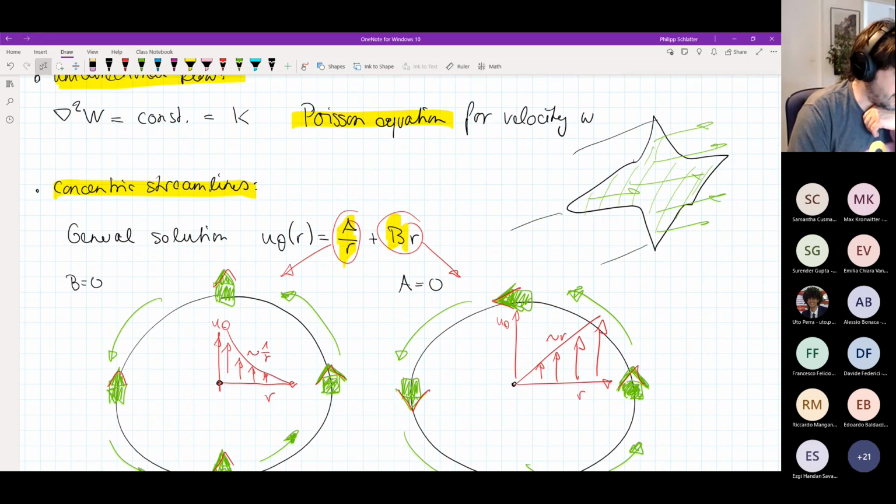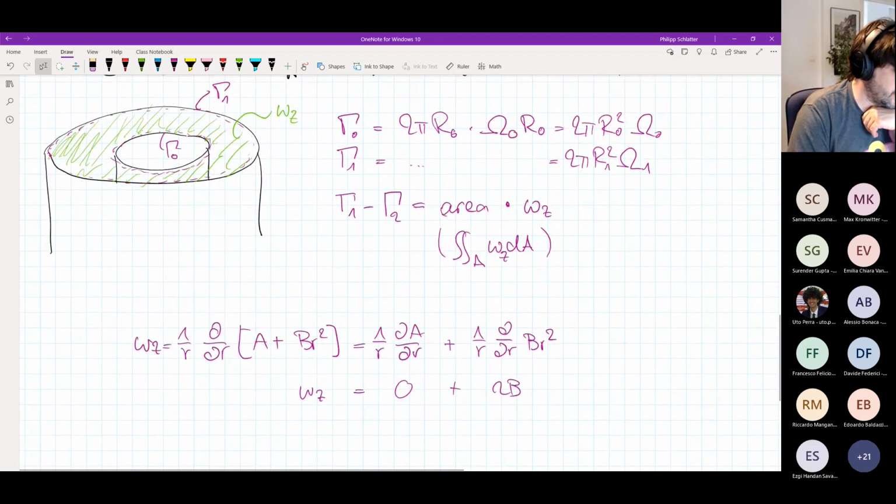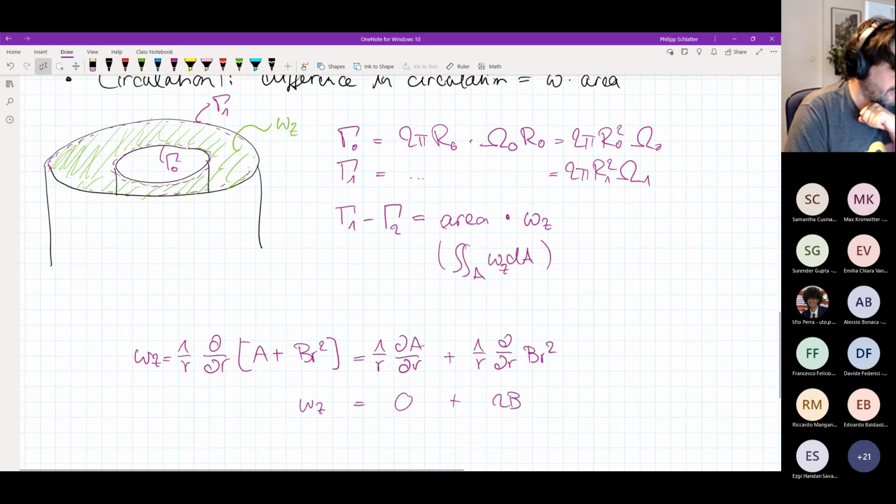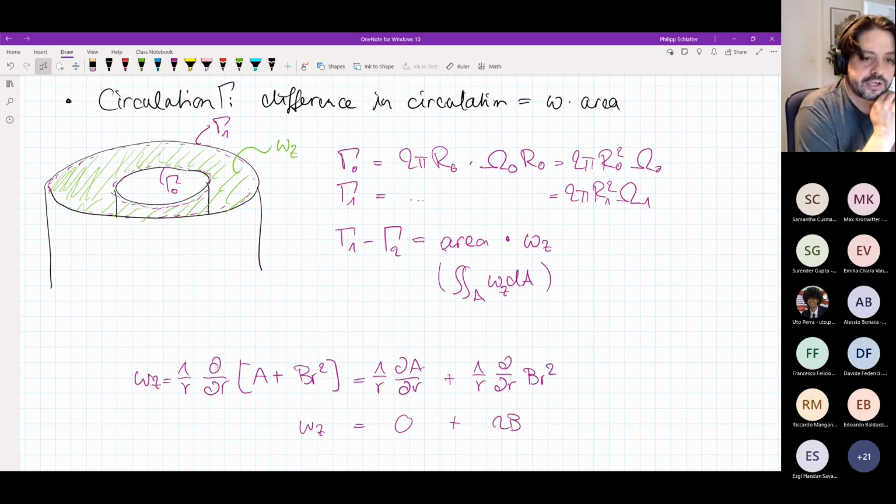But then we also realized that as an alternative way, we can look at the circulation, meaning that we're essentially stating that the difference in circulation would correspond to the vorticity times the area between those two closed lines where we calculate the circulation.